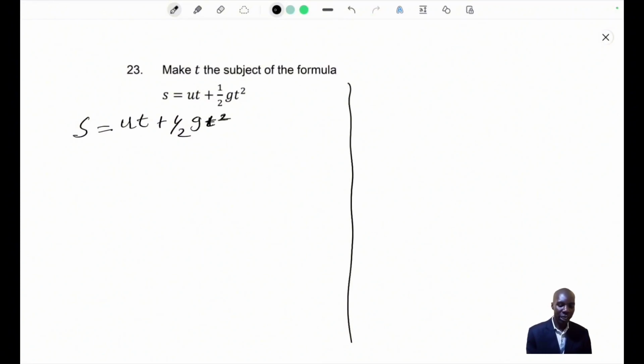If you look at this equation keenly, then you'll realize that this is a quadratic equation.